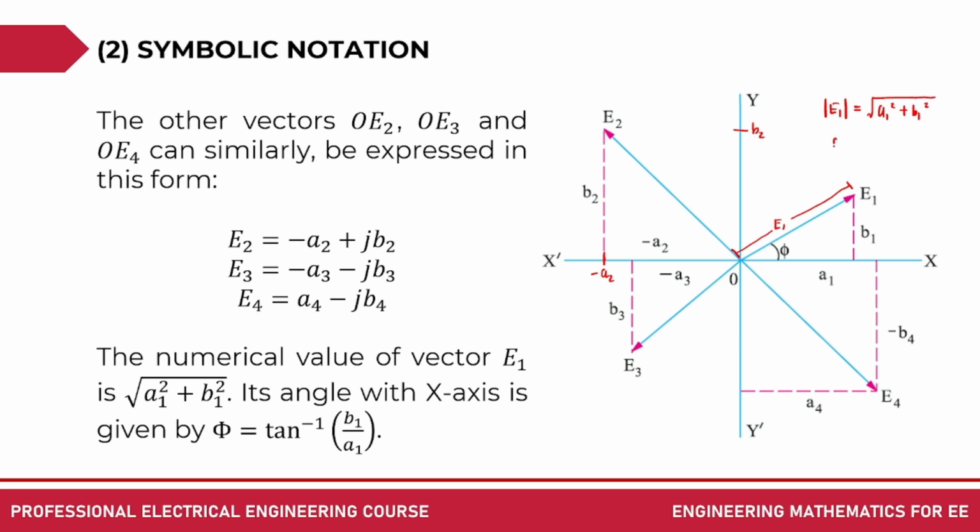And then for phi, the angle is the arctangent of B sub 1 over A sub 1. Okay? That's it.